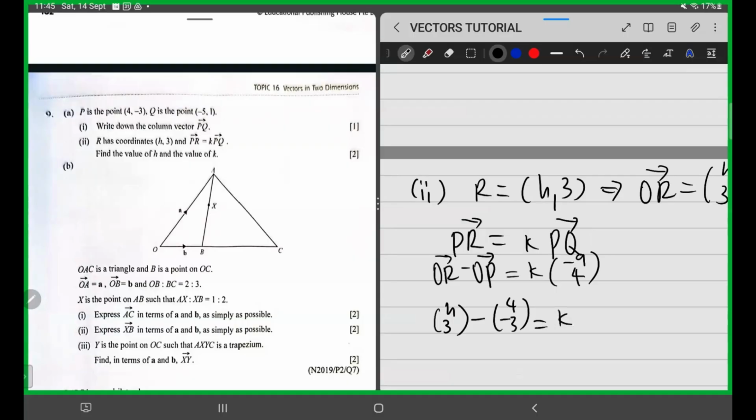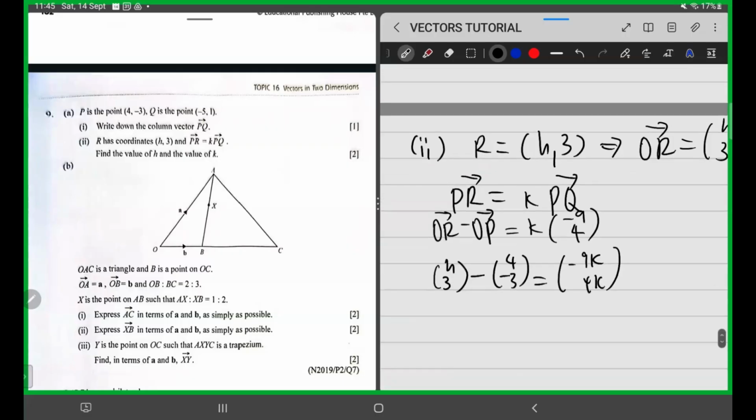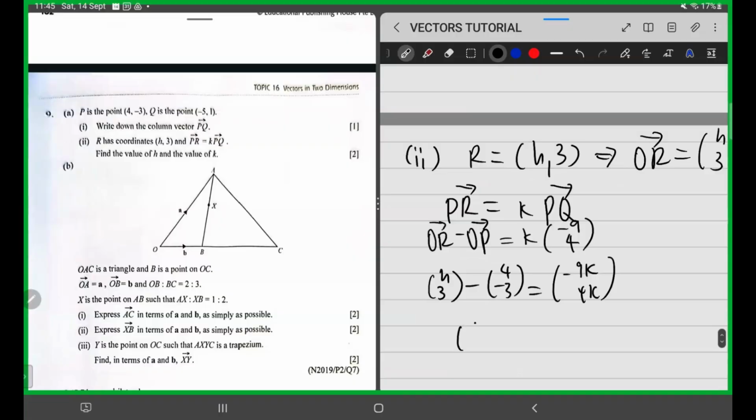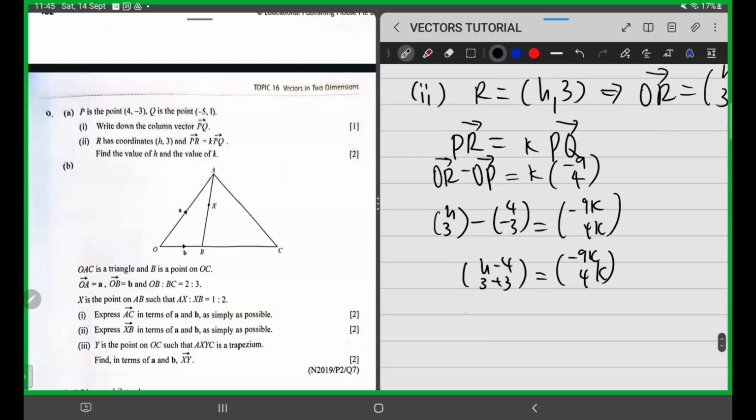We can actually multiply in the k, so we get -9k and then 4k. As a result, here we have h minus 4, and then 3 plus 3, equals (-9k, 4k), which gives us (h minus 4, 6) equals (-9k, 4k).